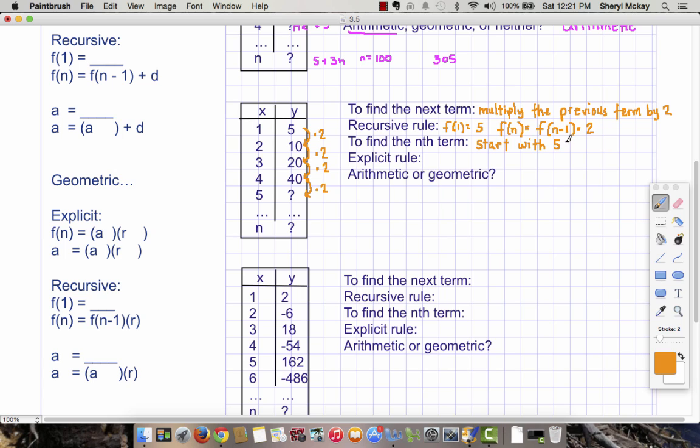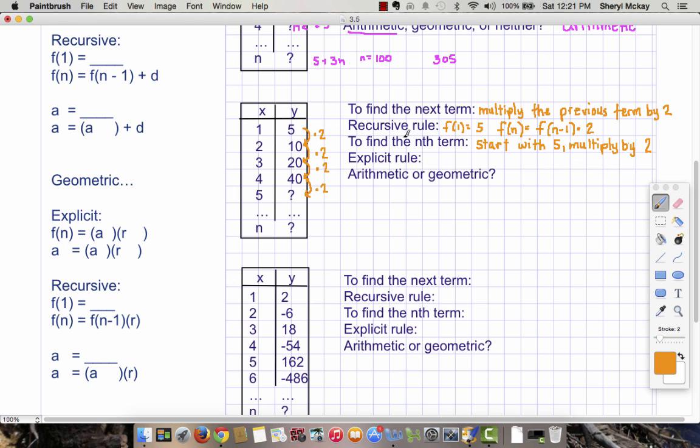And then we multiply by a power of 2, because we keep multiplying by 2, right? So we multiply by 2 to a certain power.